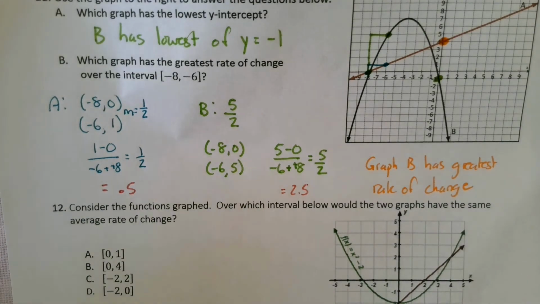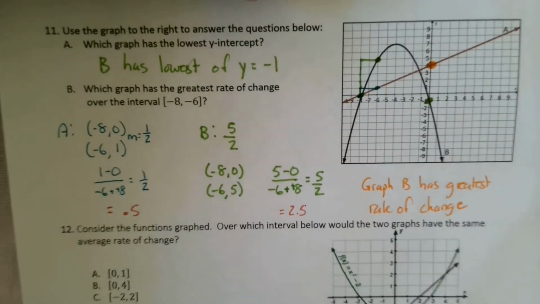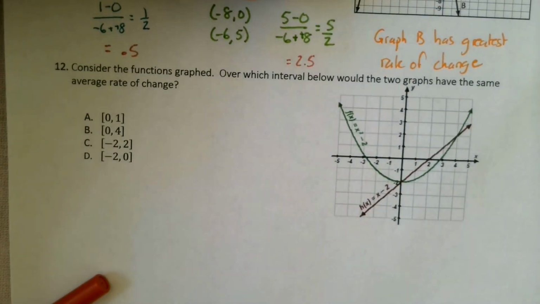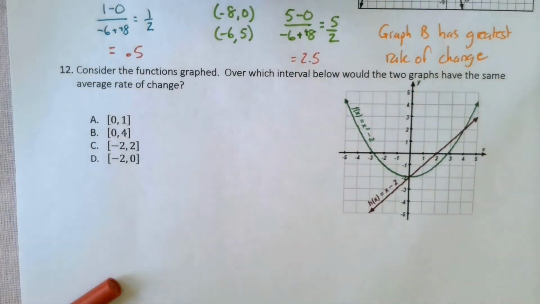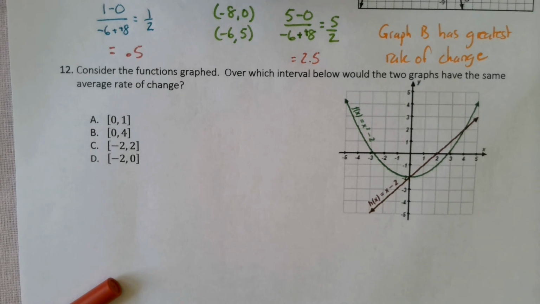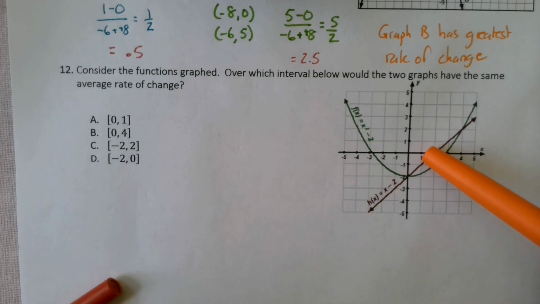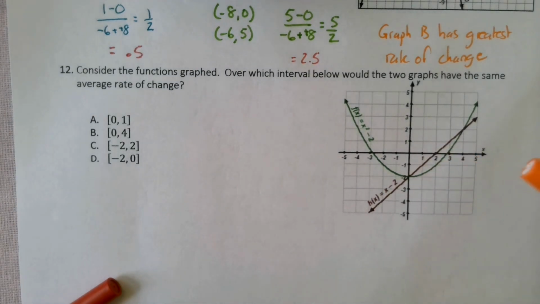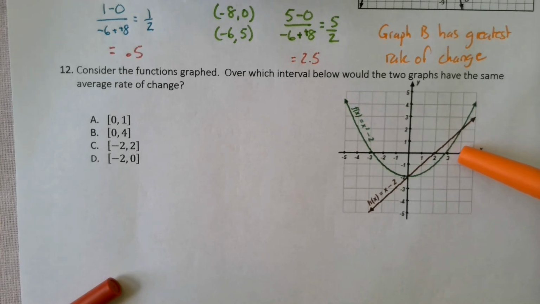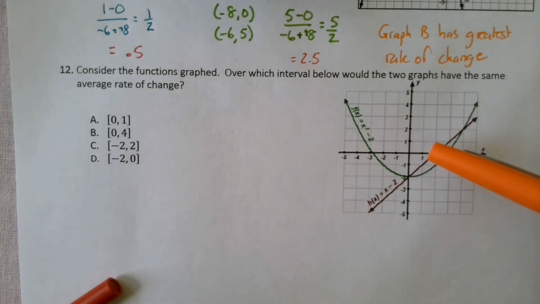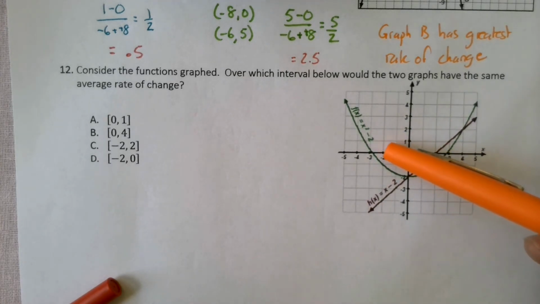Alrighty. And then finally, consider the functions graphed. Over which interval below would the two graphs have the same average rate of change? So we have the possibility between 0 and 1, okay, 0 and 4, negative 2 to 2, and negative 2 to 0.